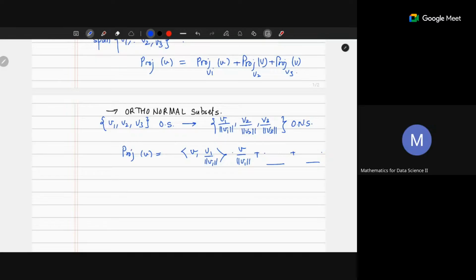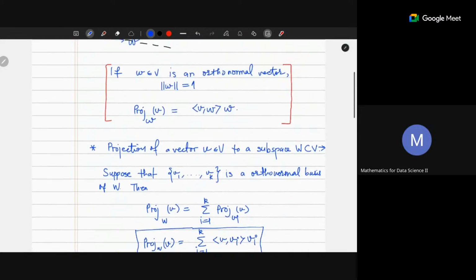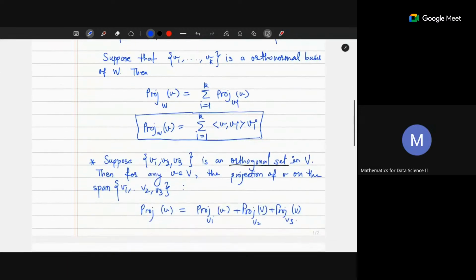You can take this norm outside and this will again become nothing but divided by norm of v1 square. And that's it. So this is the projection that we discussed last time.